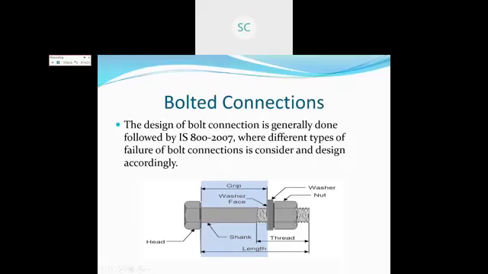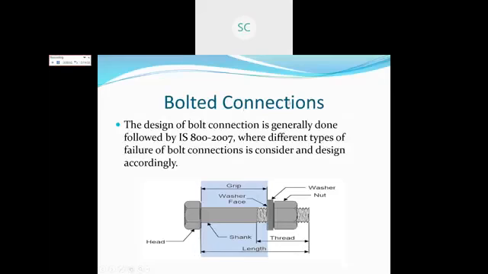This is the nut, this is the thread, this is the head of the bolt, this is the grip length, this is the washer, this is the shank, this is the length of the bolt, and this is the nut. Again, you have the length of the thread. So you must know all these parts of a bolt.